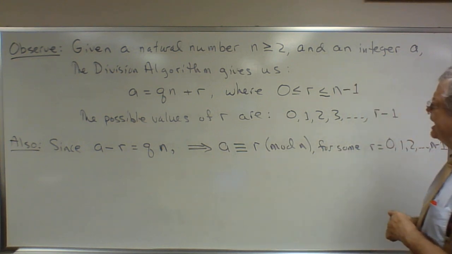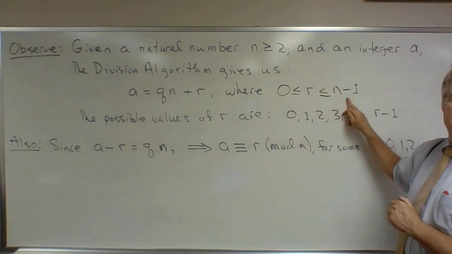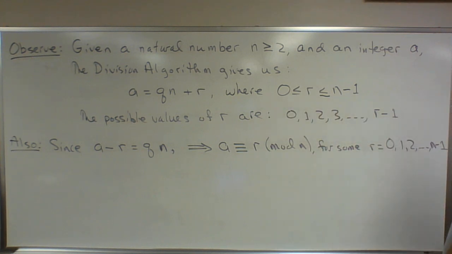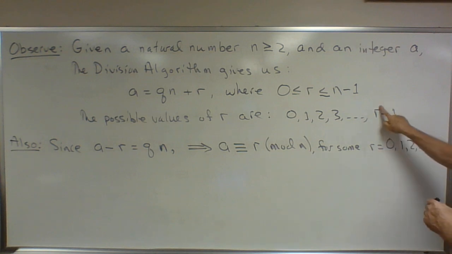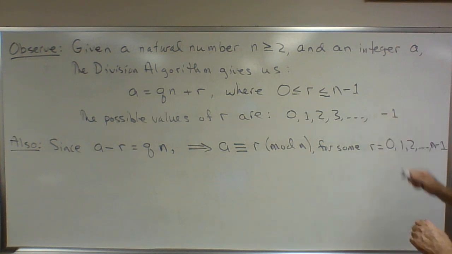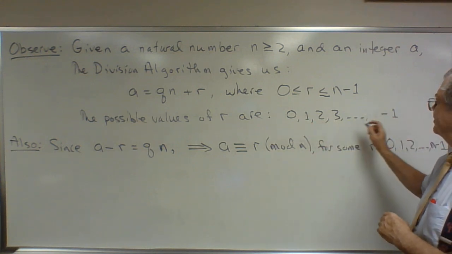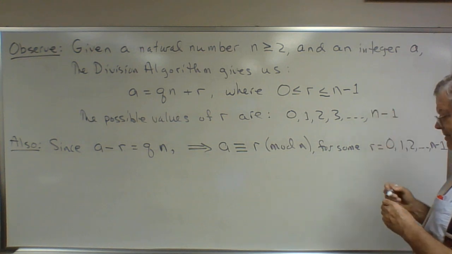So r can be anything between 0 and n minus 1 inclusive. So the possible values of r are 0, 1, 2, 3, dot, dot, dot, n minus 1.